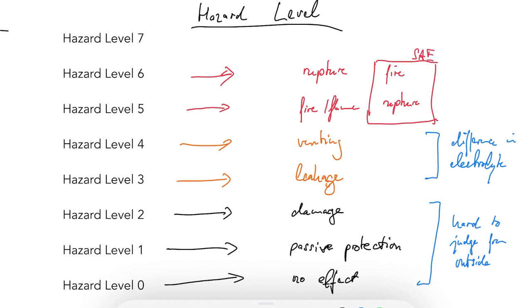What is now fire and flame? It's pretty easy. Fire and flame is when there is fire happening. It doesn't need to be fire coming by itself. It can also be fire with a spark source, like some external source that makes the venting gas, the fog, start a fire.